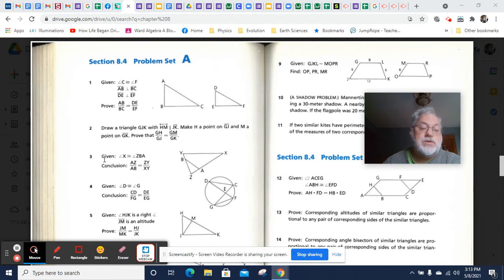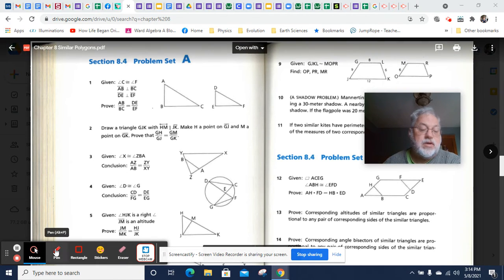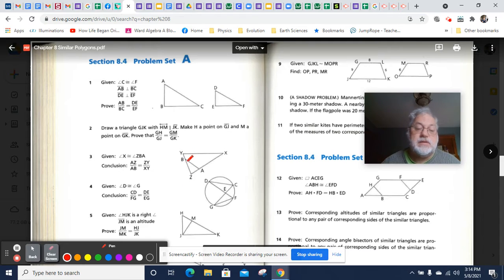So we'll start with number 3. We've been given angle X is congruent to ZBA. So this angle and this angle are congruent. I'll go ahead and mark that because it's always useful to mark what we know.